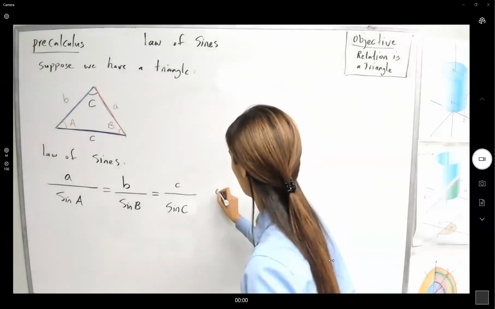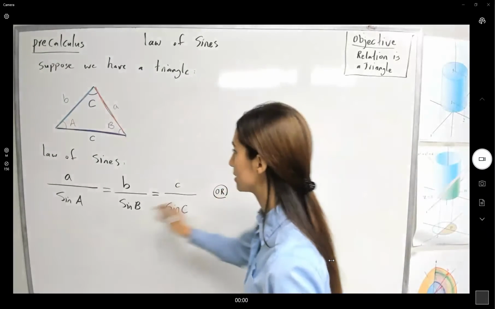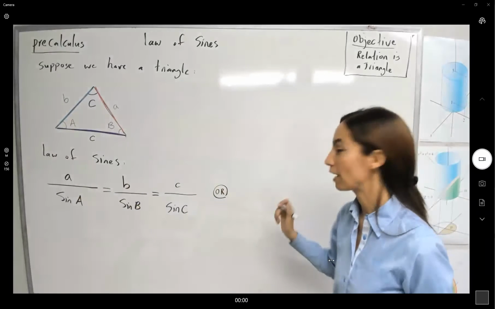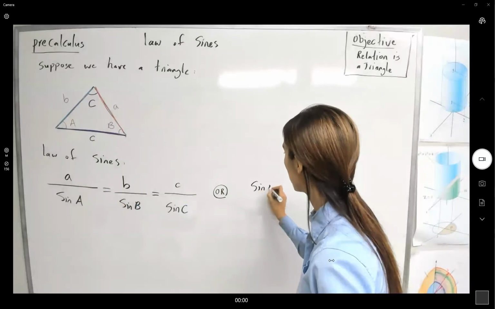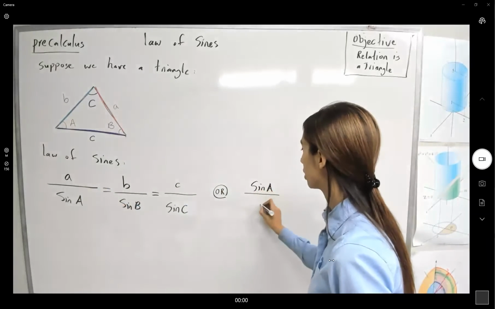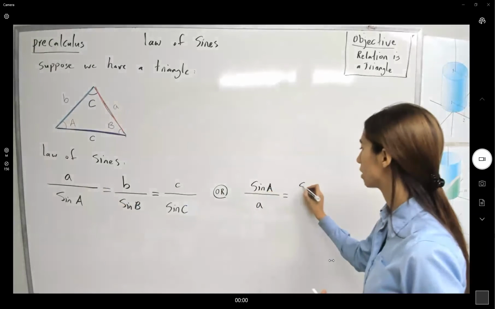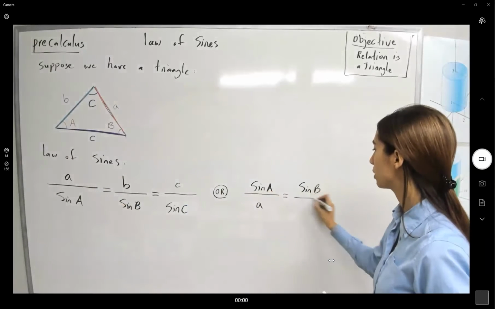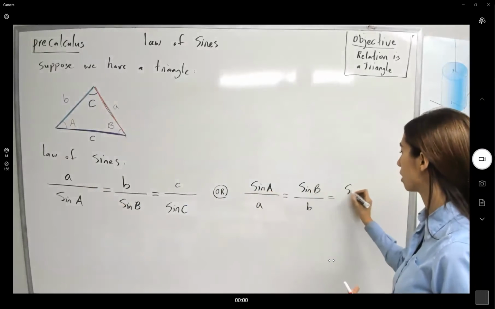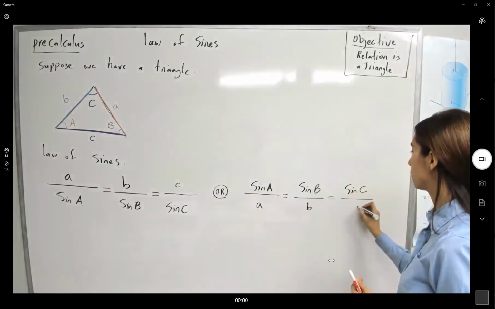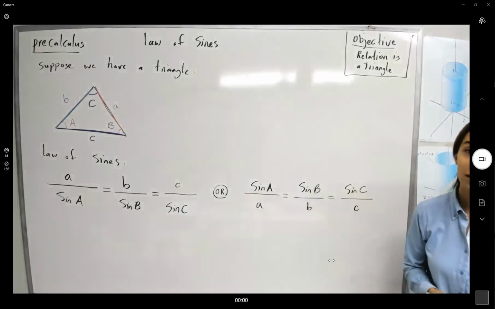Of course. Or another way to write this down, if we flip all of these fractions, we're going to get sine of angle A divided by its side is equal to sine of angle B divided by its side is equal to sine of angle C divided by side C.